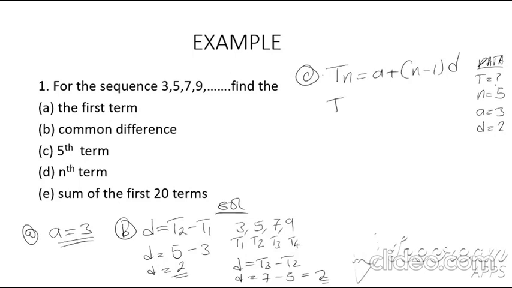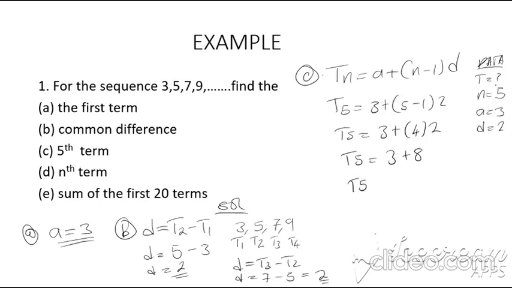Now let's substitute and come up with the answer. So t, which is the term, then n, which is 5, is equal to, what's our a? That's our first term, which is 3, plus our n, 5 minus 1, common difference 2. t5 is equal to 3 plus, 5 minus 1, which is 4. And then you're going to have 2 like that. Then 3 plus 4 times 2, which is 8.